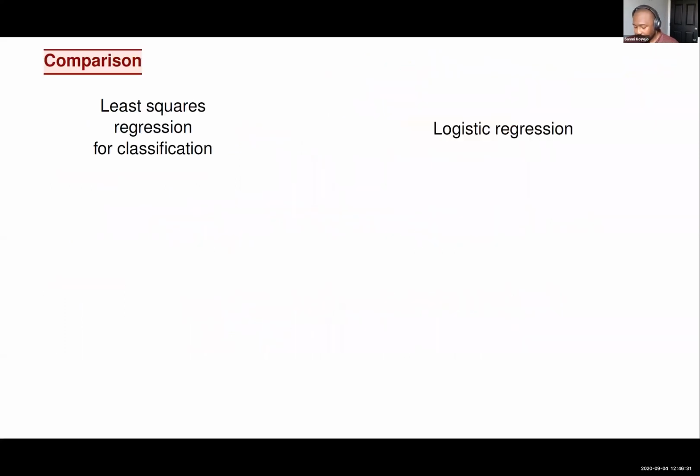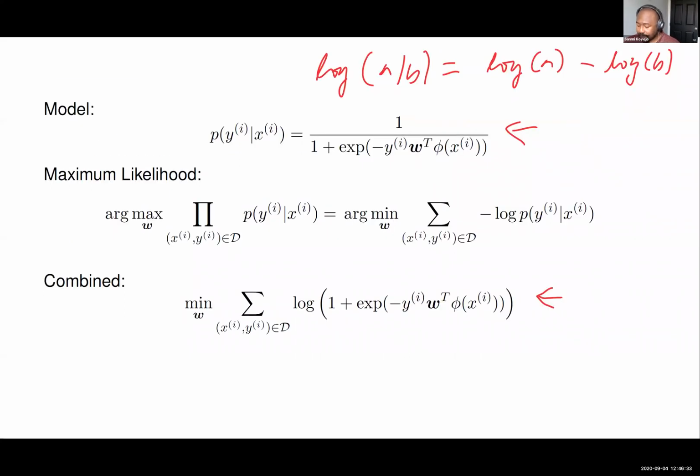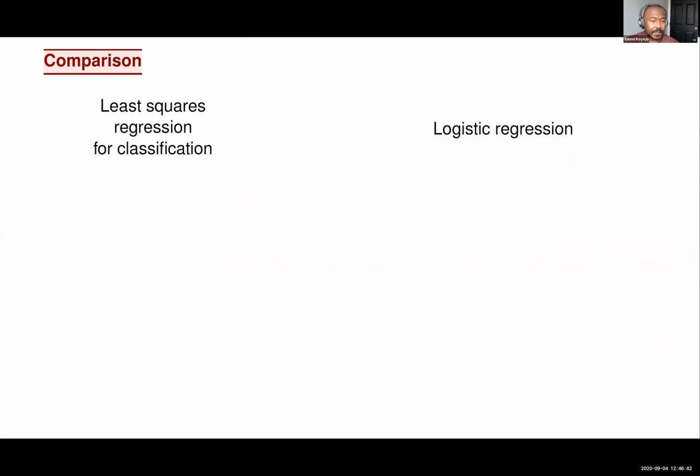It turns out that this resulting loss function we can write in the standard loss way that we like to write optimization problems or learning problems. To do this, we'll compare it to what happens in least squares.